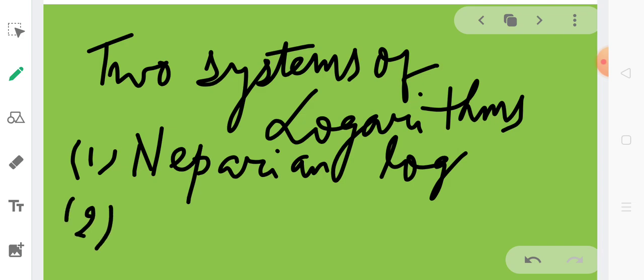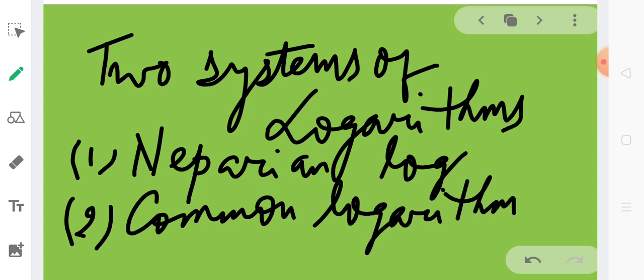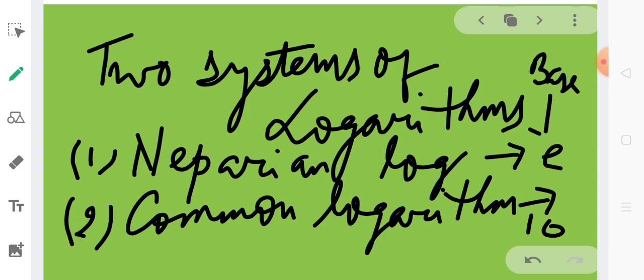And the second one is called the common logarithm, that is having a base 10. Neperian log has a base e and common logarithm has a base 10. So Neperian log or natural logarithm has base e, common logarithm has base 10.